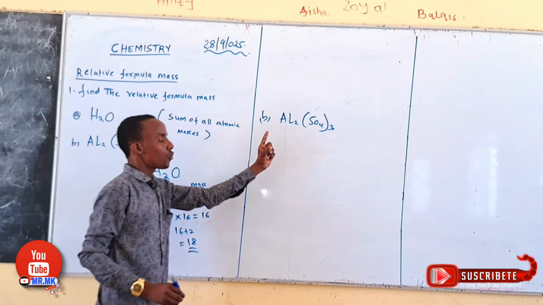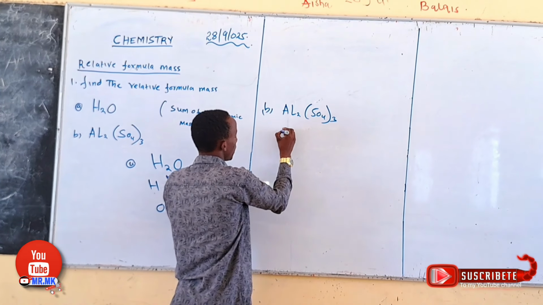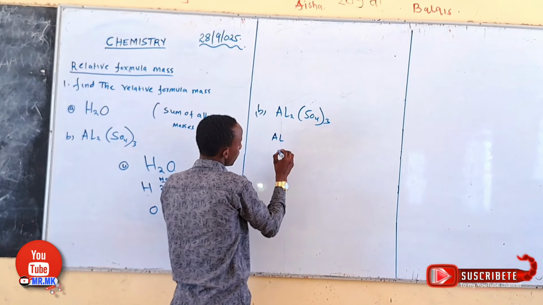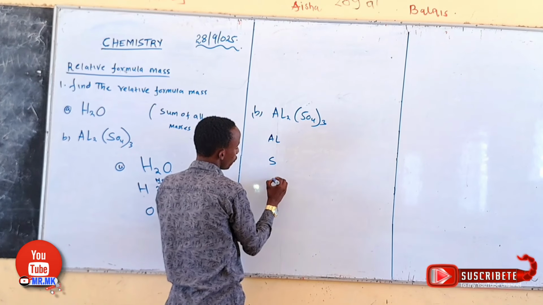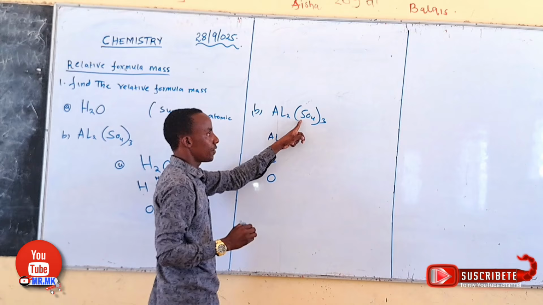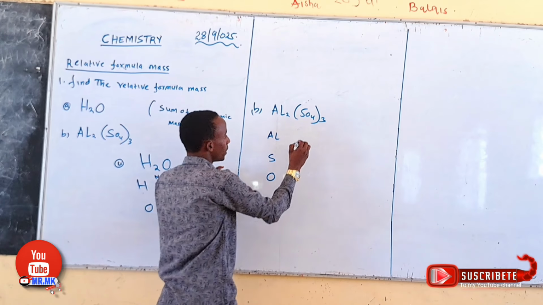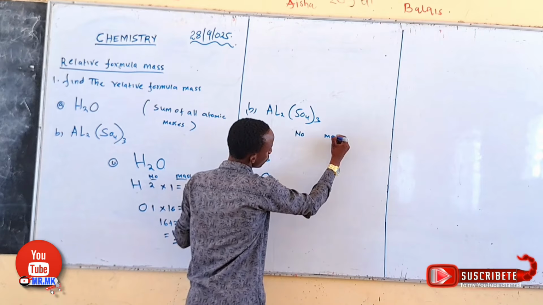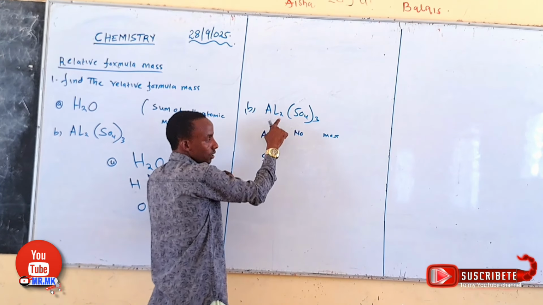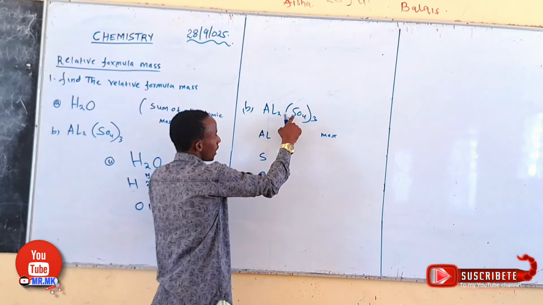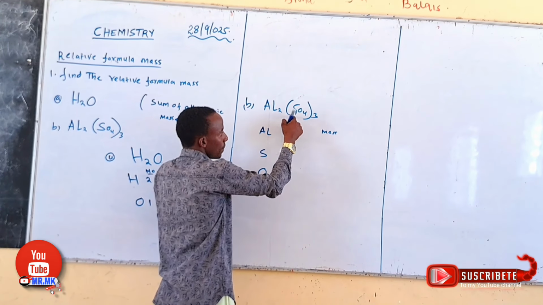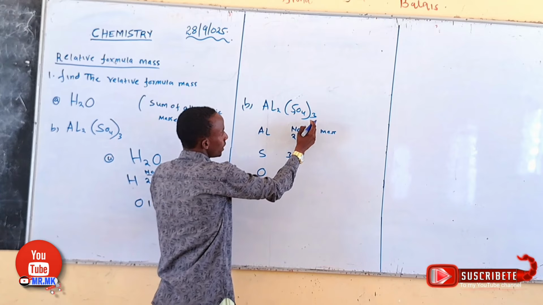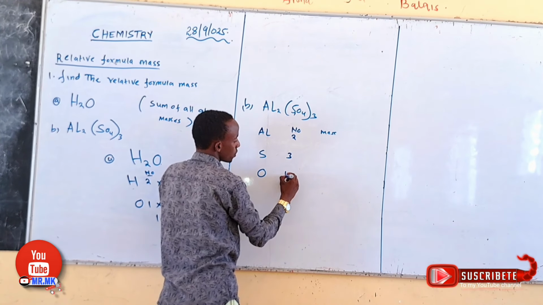First, select the elements that you have: aluminium, sulfur, and oxygen. Then, for the number of atoms, aluminium is 2, sulfur is 3, and oxygen is 12.